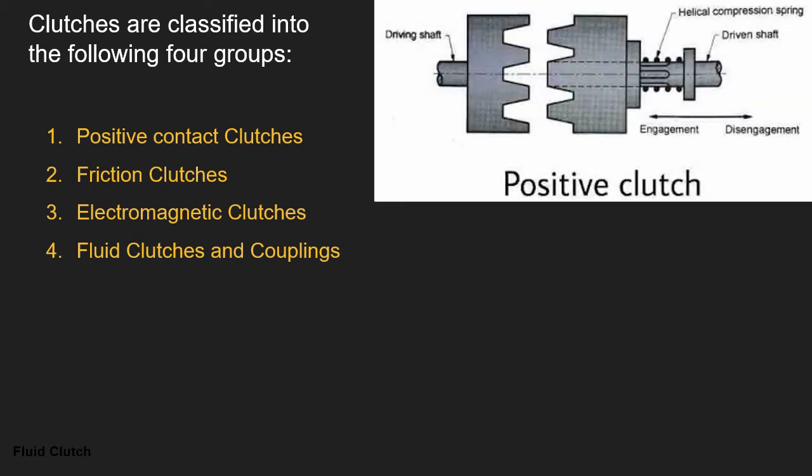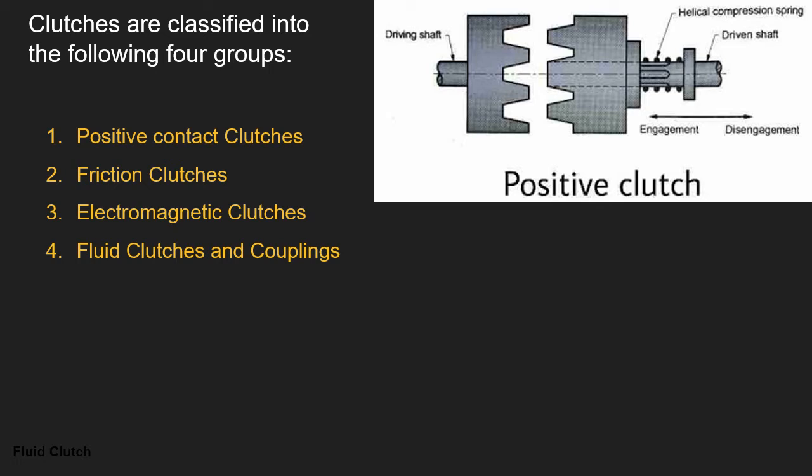Now, this is the figure of a positive clutch, where you can see that you have jaws on both the plates that are mounted on both the driving shaft and the driven shaft. And when these jaws are in mesh or engaged, both the driving and the driven shaft behave like a single unit and there will be transmission of power.